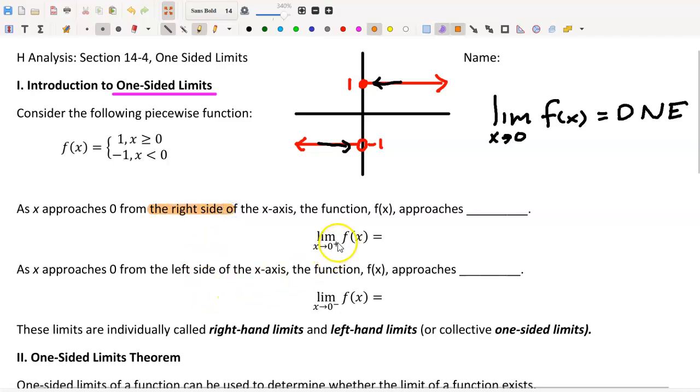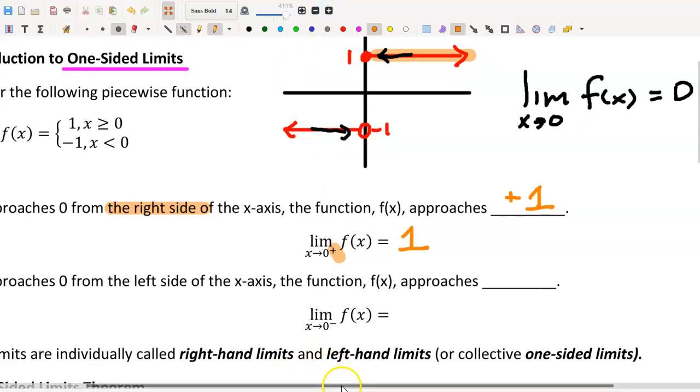And you'll notice on the right here, there's a little plus. Whenever you see that little plus, that just means look at only the right-hand side, what's going on over here, and ignore the rest. If we ignore the rest of it and don't pay attention to that at all, we're getting closer and closer to +1. So we can actually have a limit if we just look at one side only.